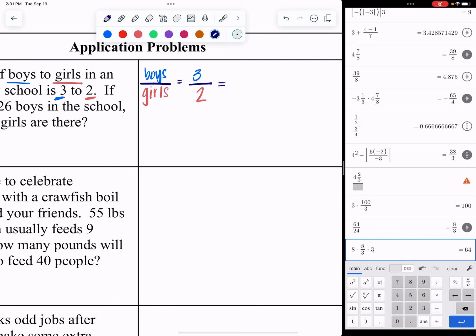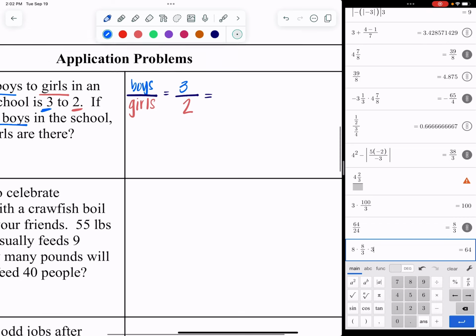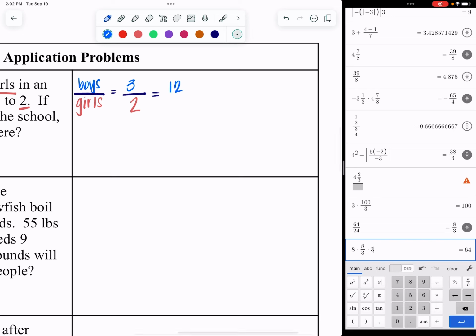But I was also given some more information. There are 126 boys. Okay, well, I'm going to put that on top with the boys. How many girls are there? So when I set it up like that, where all of the blue pieces are on the top, all of the pink ones are on the bottom, I can pull out just that piece to solve.